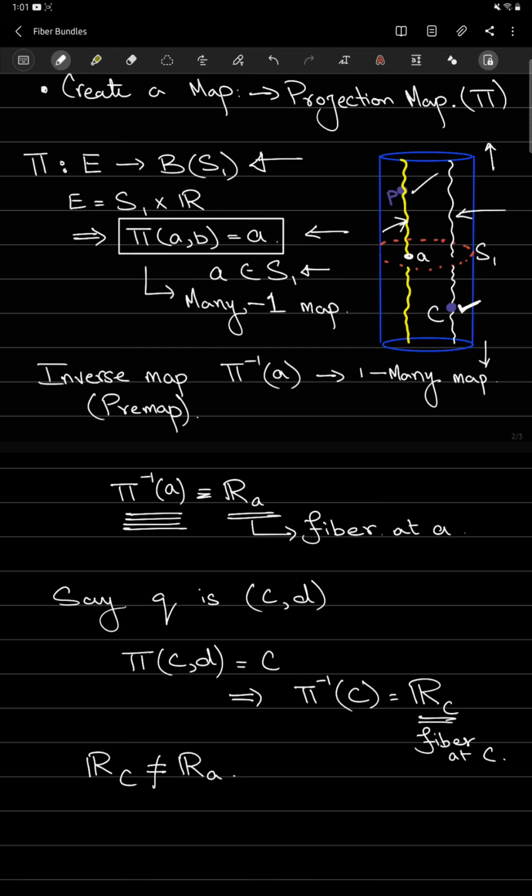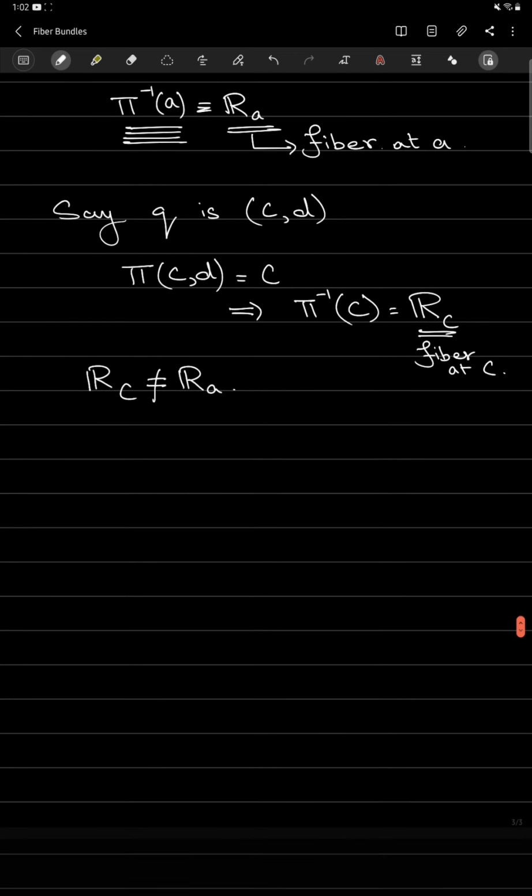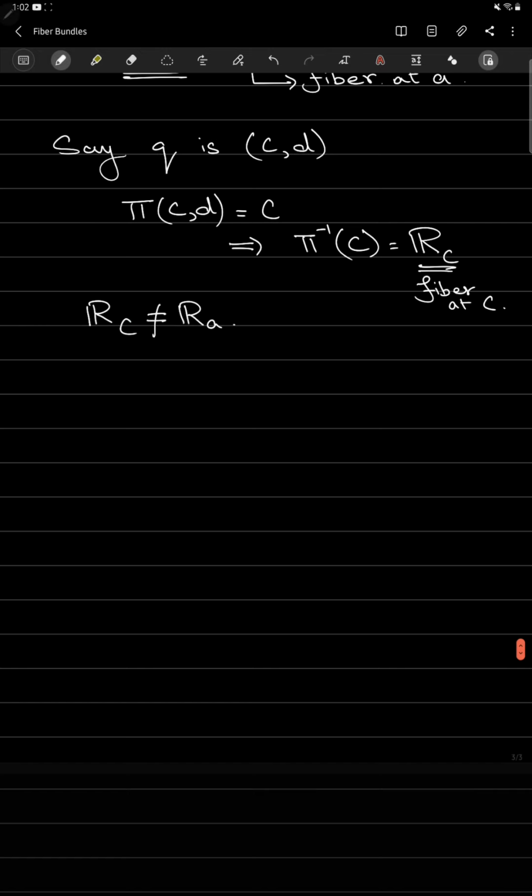They are entirely different sets, right? But to have a fiber bundle, RC and RA must be diffeomorphic to each other, and to the real line in general.